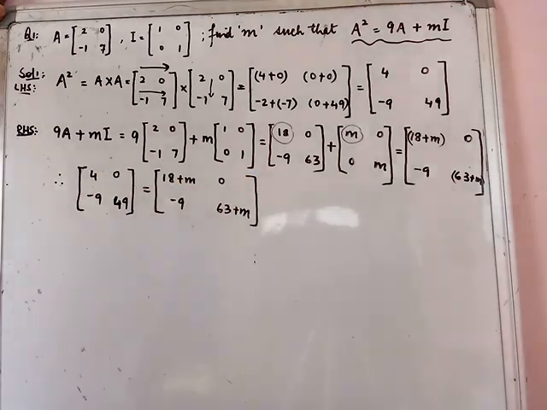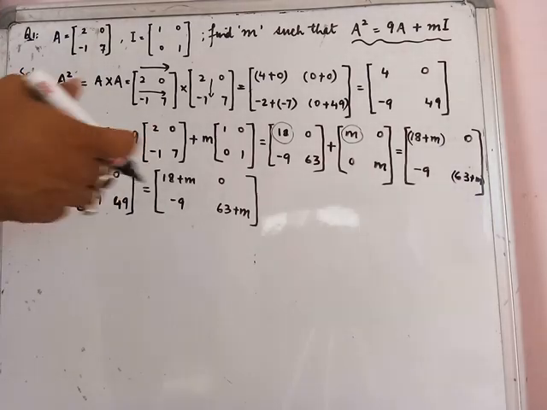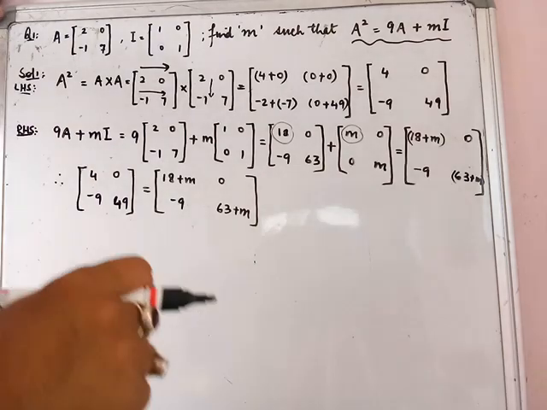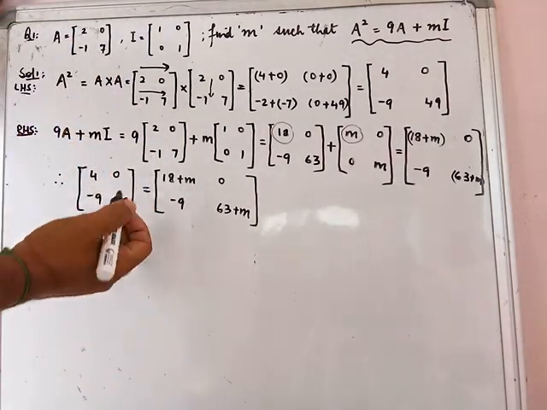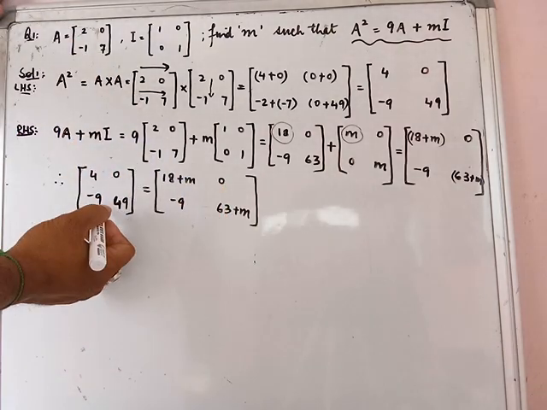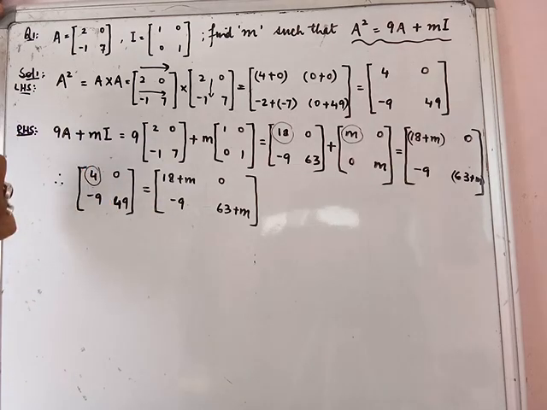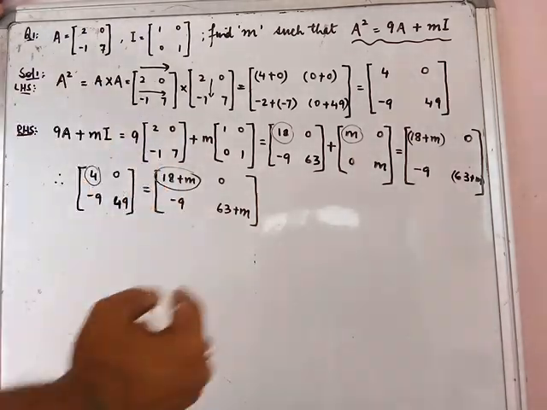So obviously these are two equal matrices. The moment you say two matrices are equal, their orders are equal and their individual corresponding elements will also be equal. So you can see 0 and 0, minus 9 and minus 9. Similarly, this number 4 over here should be equal to this number over here because these are the corresponding elements.